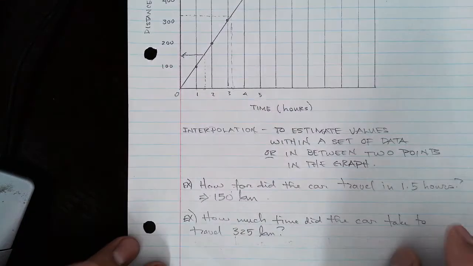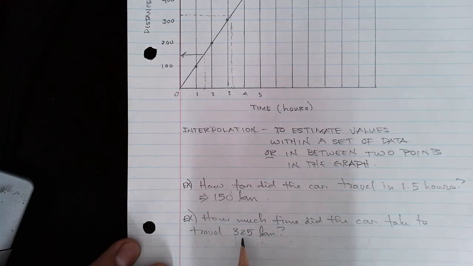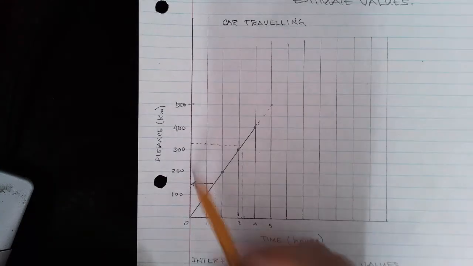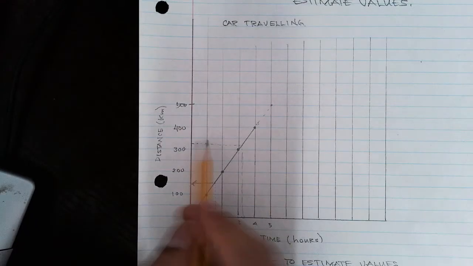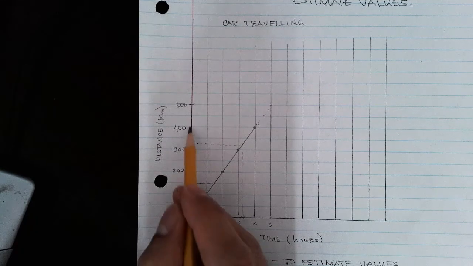Second question I might ask is, how much time did the car take to travel 325 kilometers? This time we look for 325 kilometers on the vertical axis first, and here it is. This is approximately 325 kilometers, because this is measured between 300 and 400.